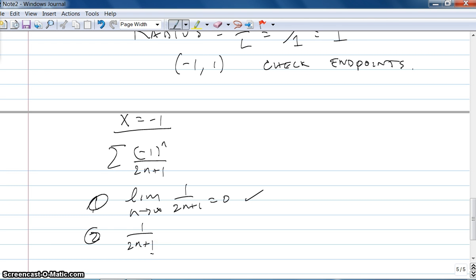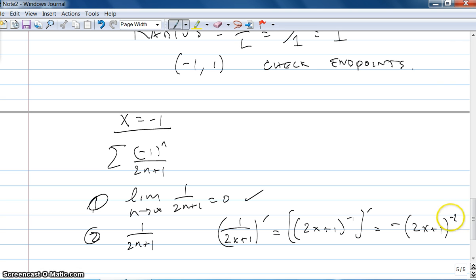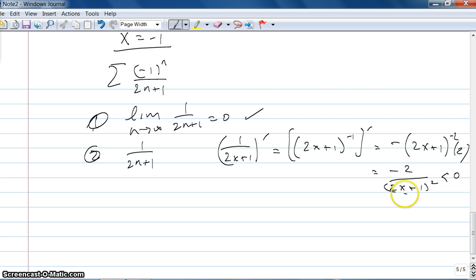I've got 1 over 2n plus 1. That is decreasing. You can take the derivative of 1 over 2x plus 1. This is 2x plus 1 to the negative 1, and then I'm going to take the derivative of it. So that's negative 2x plus 1 to the negative 2 times 2 on the inside, which is equal to negative 2 over 2x plus 1 squared. That is definitely less than 0, because it's negative on top and something positive on the bottom.